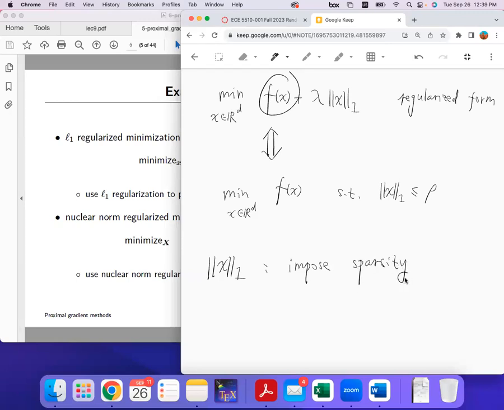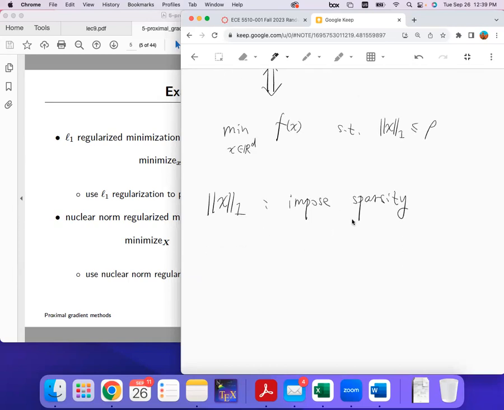Okay, so what is sparsity? Sparsity is defined as the number of non-zero entries of x.